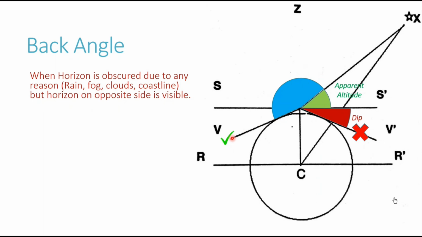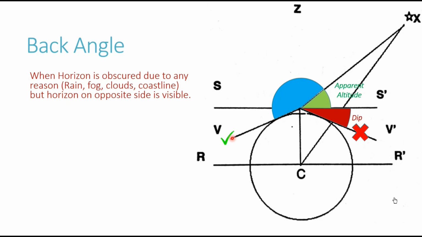So we have used the sextant to obtain the angle between the center of the body and the horizon in the opposite direction. Now, obviously, this angle will be more than 90 degrees. A normal sextant altitude would always be less than 90 degrees, but this being a back angle observation will be greater than 90 degrees.